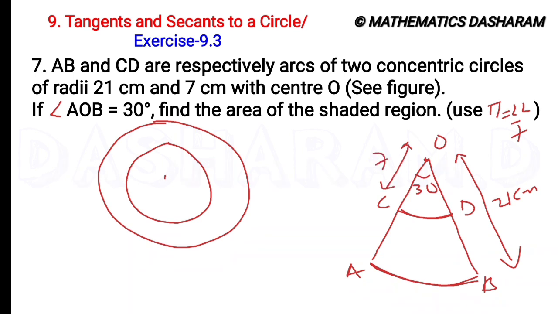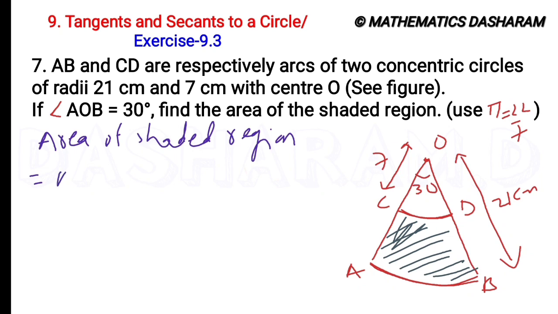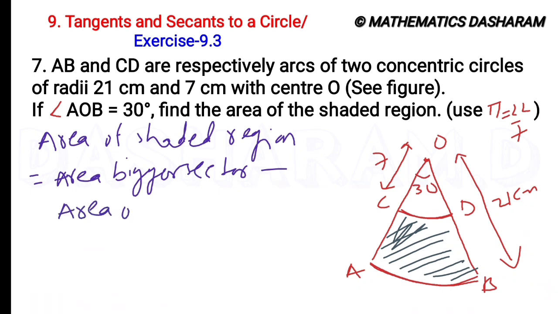So then what is the area of the shaded portion? So this is the shaded portion. So area of shaded region is equal to area of bigger sector minus area of smaller sector.